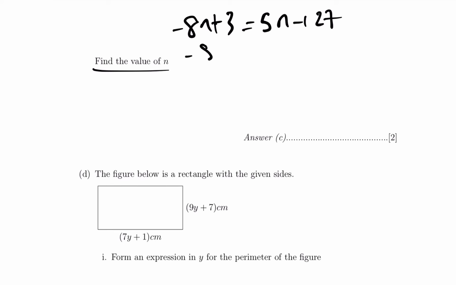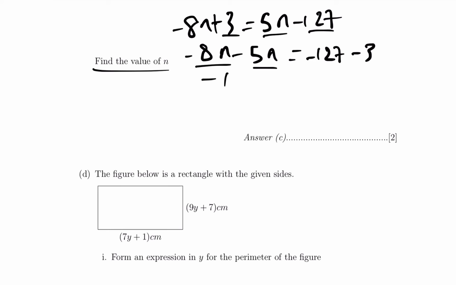So -8n minus 5n is equal to minus 127, then minus 3. -8n minus 5n, that's -13n, is equal to minus 127 minus 3, that's minus 130.